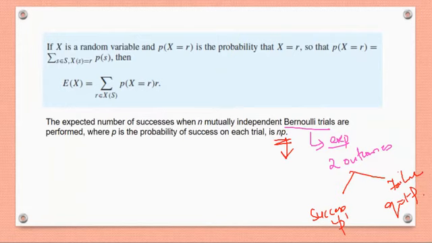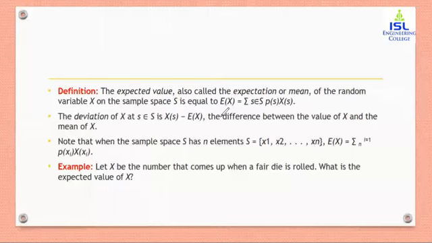Okay, now for this example, let X be the number that comes up when a die is rolled. What is the expected value of X? The expected value is denoted by E of X. Now, what are the numbers that come up? 1, 2, 3, 4, 5, 6. What is the probability of 1 being on the die? It is 1 by 6.